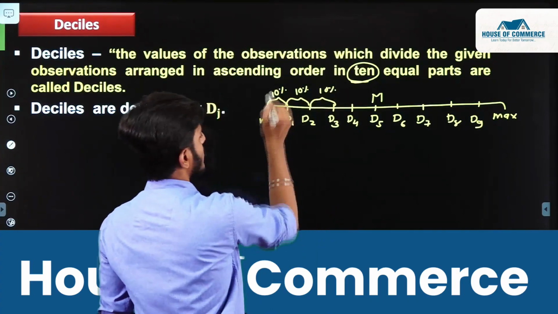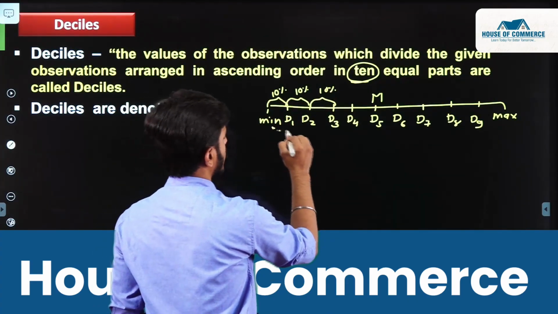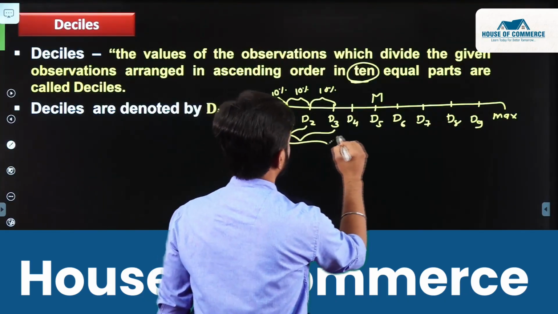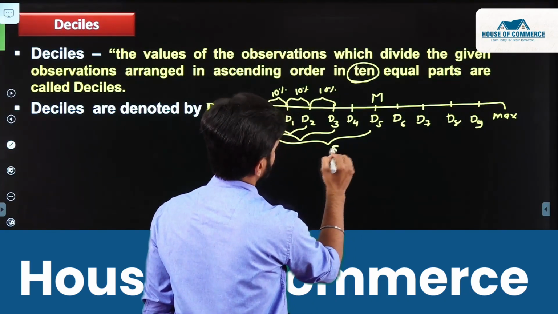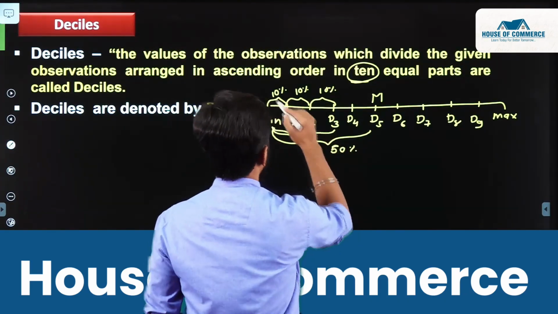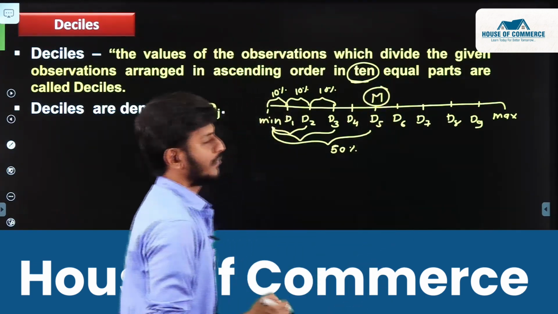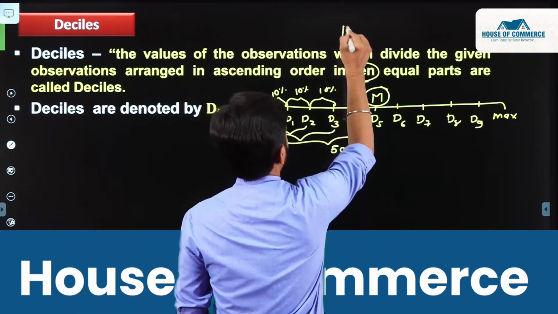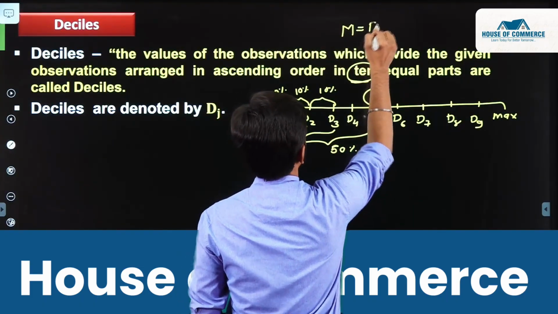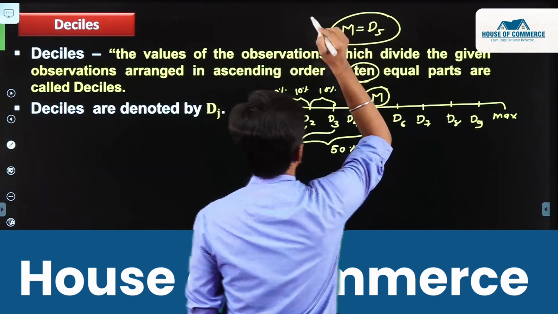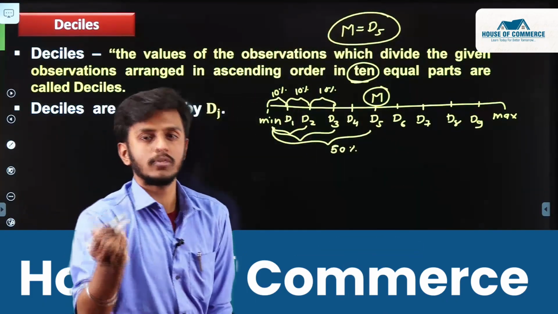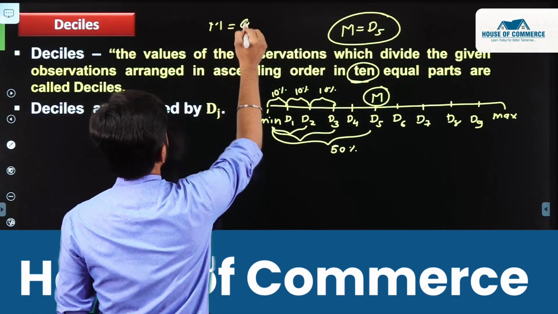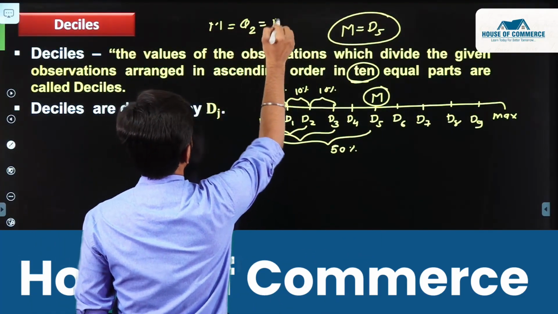That means D1 covers 10%, D2 covers a total of 20%, D3 covers a total of 30%, and D5 covers 50% of the observations, which is also covered by the median. So we can write that M equals D5. The values of M and D5 will be the same. And if we talk about the quartiles, then the statement becomes M = Q2 = D5.